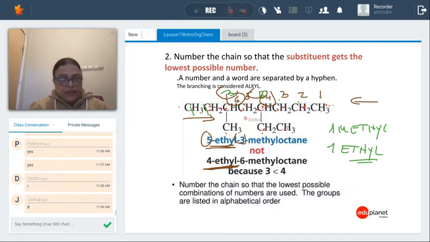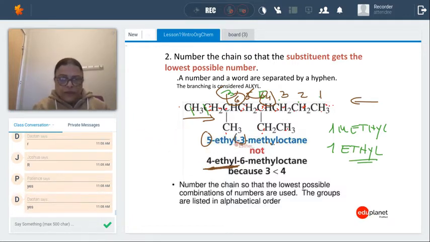The first branching gets the smallest number, and 3 is smaller than 4. So far so good? So this will be 5-ethyl, 3-methyl octane, and not 4-ethyl, 6-methyl octane.